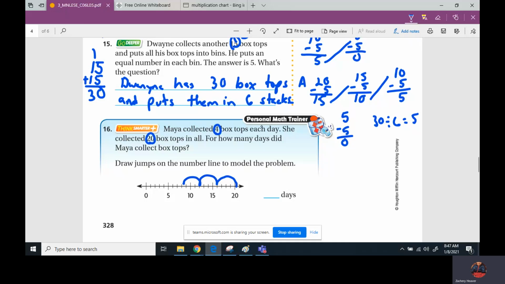So we're going to go right here. 5, 6, 7, 8. 8 minus 4 is going to be 4. So it's going to be right below the 5. And then 4 minus 4 is 0. So we have 1 jump, 2 jump, 3, 4, and 5. 5 days.